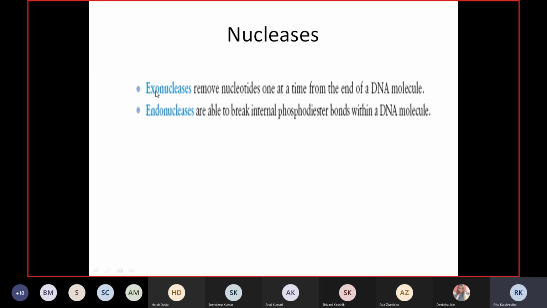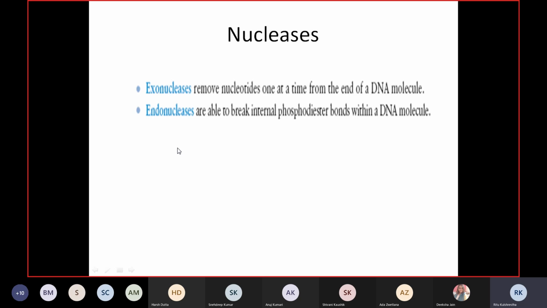But if I just want to differentiate exonucleases from endonucleases, endonucleases are the ones which break the internal phosphodiester bond, and they do not act from the ends of the DNA molecule. So they act within a DNA molecule. So this difference you should definitely know. When you talk about restriction enzymes, they are always restriction endonucleases.